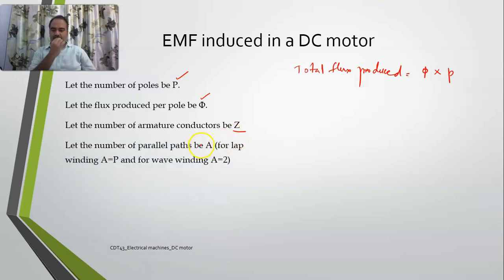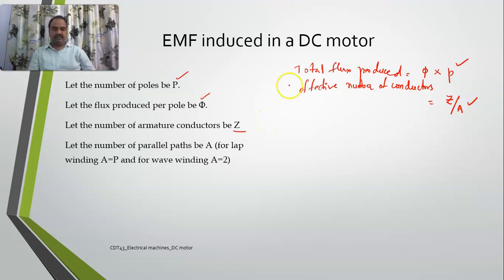And let the number of parallel paths be A, because there are so many conductors wound on your armature and there might be so many parallel paths also. So if A is the number of parallel paths, the effective number of conductors will be equal to Z by A. So this is the total flux produced and this is the effective number of conductors.